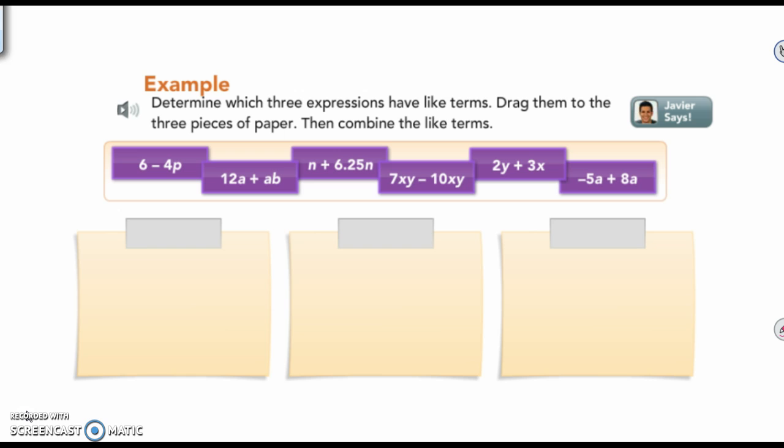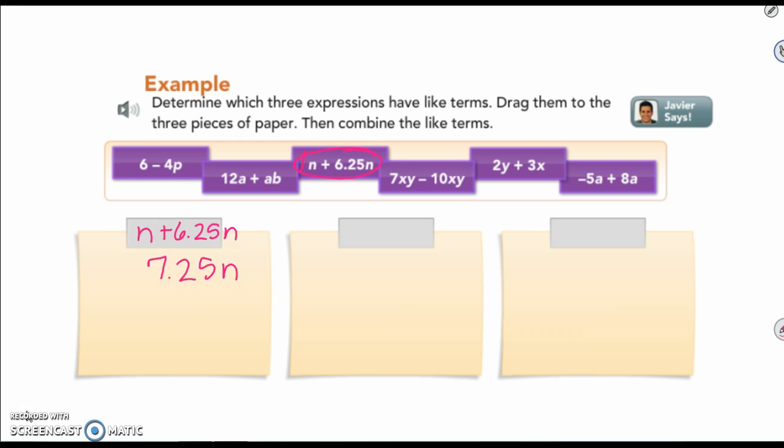Determine which 3 expressions have like terms. If you look at this problem, we see that n plus 6 and 25/100 n has like terms. 1n plus 6 and 25/100 n would give us 7 and 25/100 n. 7xy minus 10xy have like terms. 7 minus 10 is negative 3xy.